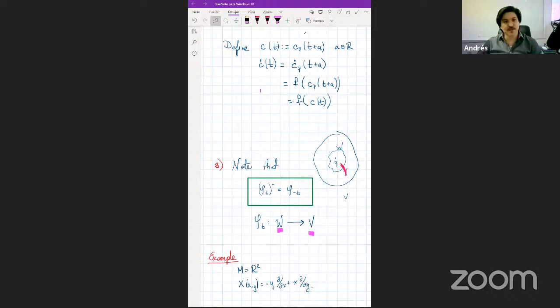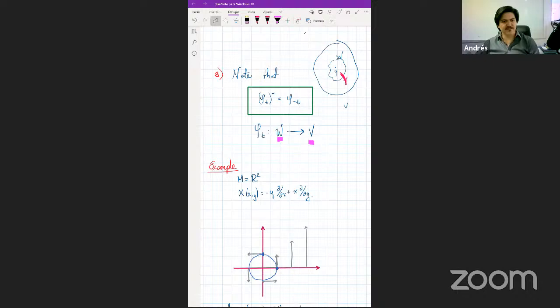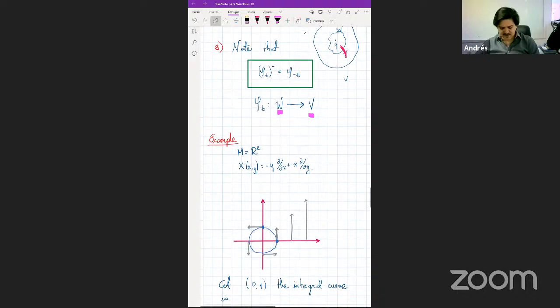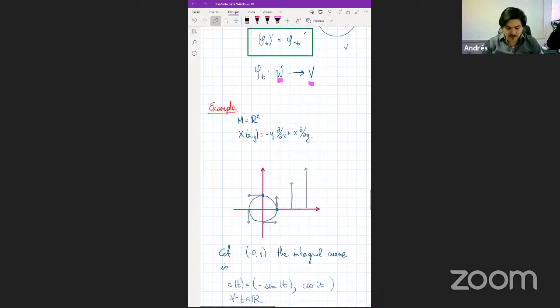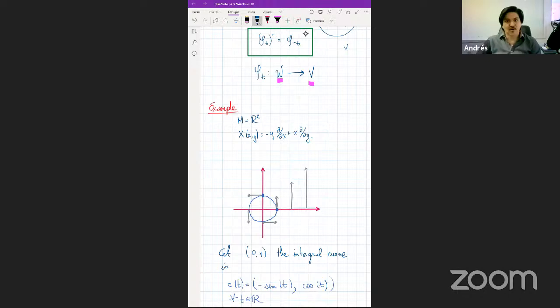And now let's do an example. Again, I'm just doing this on Euclidean space at the moment. This is an example that we covered last class. We have this vector field on all of R2. And we actually worked out the integral curve of that point.